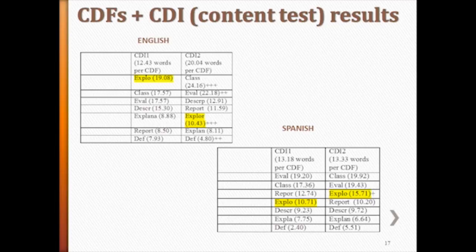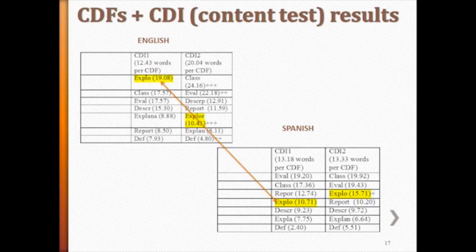And we also find that evaluation is used more by the group which had a lower score in the content test. But what attracted our attention here mostly was the behavior of explore. If you remember from Christiana's talk, explore was something that's not that common. But in our findings here from these written texts, we found that in English, the group which had higher content scores seemed to be using explore quite a lot more.